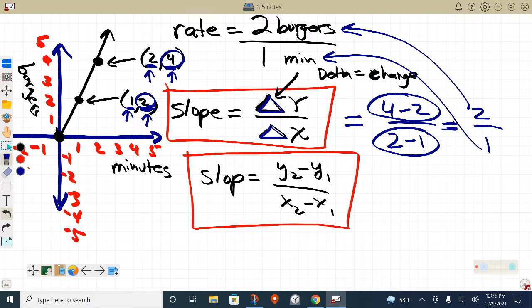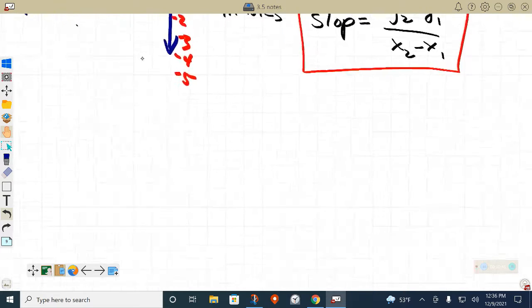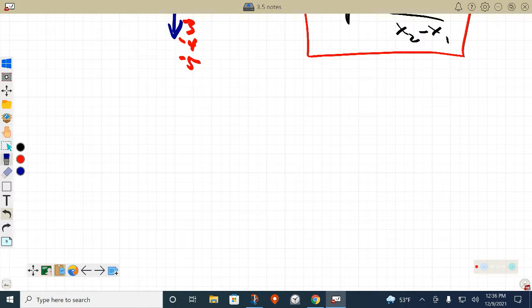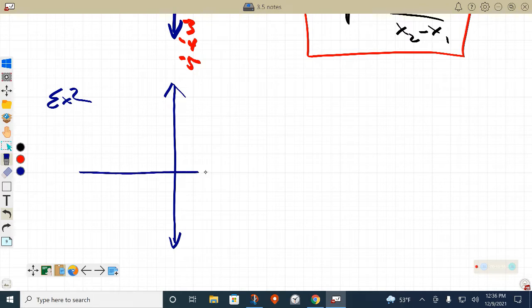Good question. Let's try another example. Underneath that graph or the side, it's your graph paper, you can put it where you want. Here's example 2. Go ahead and make another x and y axis.